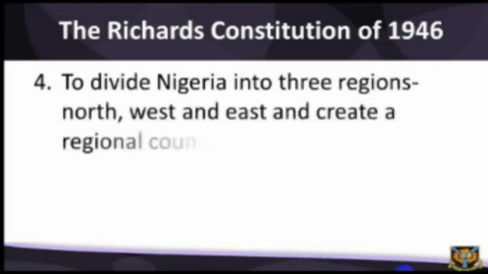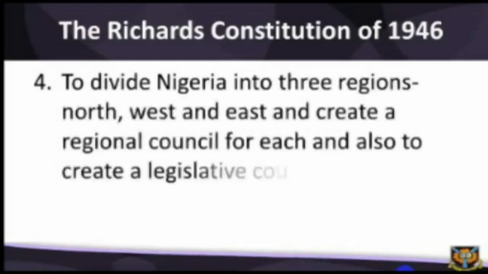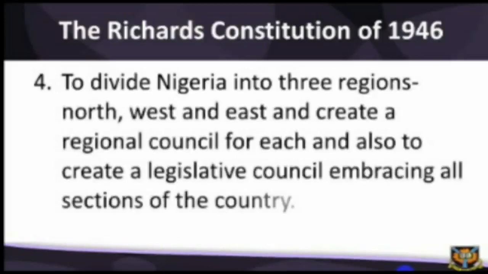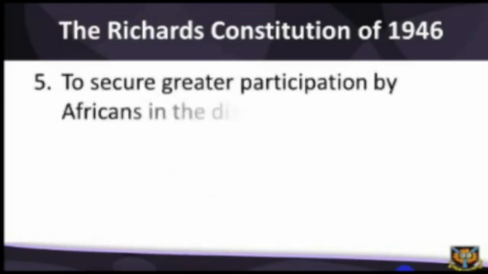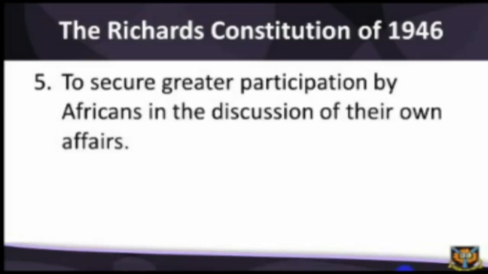To divide Nigeria into 3 regions, North, West, and East, and create a regional council for each, and also to create a legislative council embracing all sections of the country. And 5. To secure greater participation by Africans in the discussion of their own affairs. The major features of the 1946 Richards Constitution.